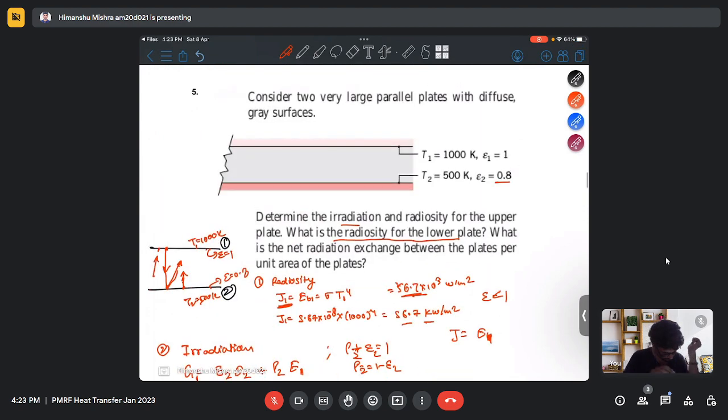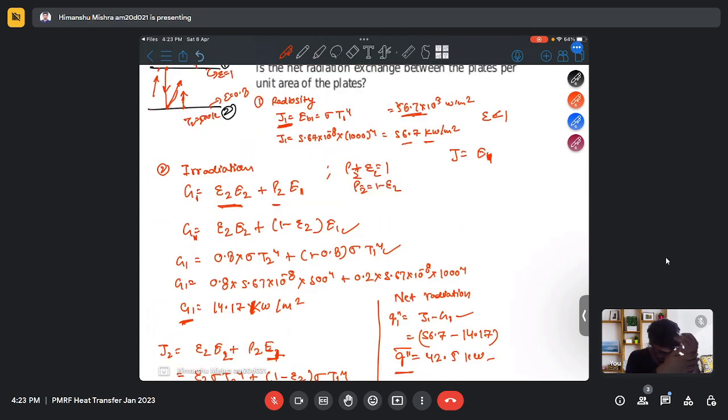Okay, transmissivity for surface 1 will be 0. But what about surface 2? Transmissivity is required to calculate the total irradiation at surface 2. But to calculate the radiosity, we just need the reflective part and the emissive part at surface 2. We don't require the other part, right?